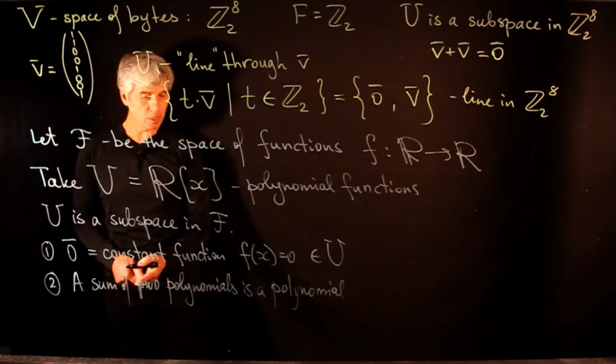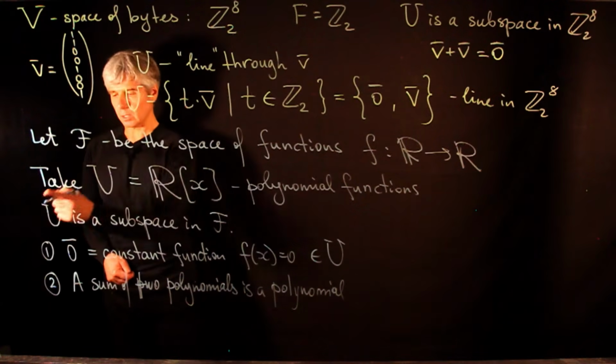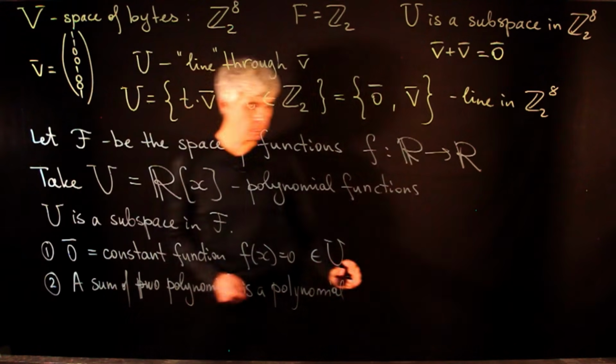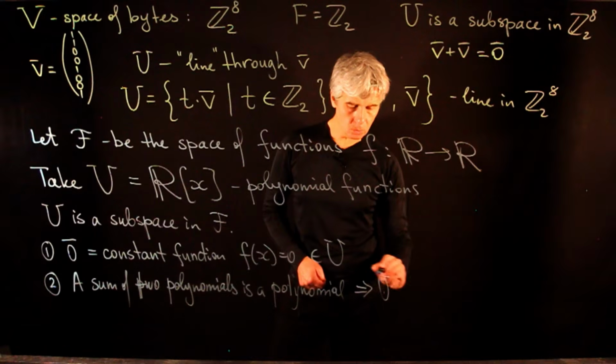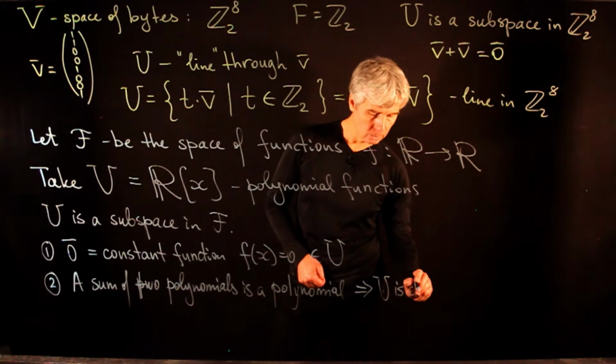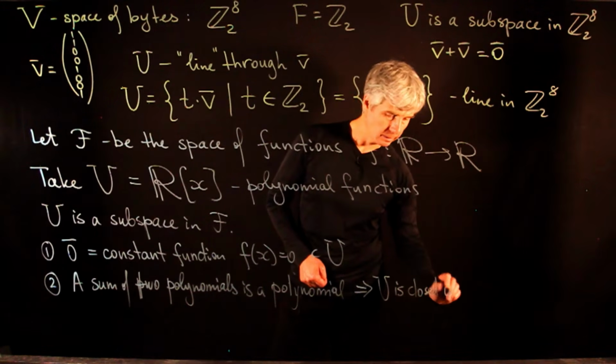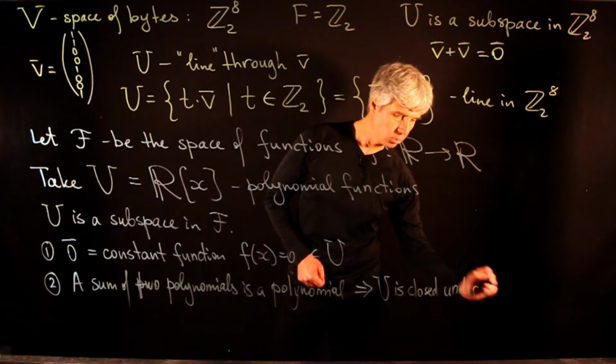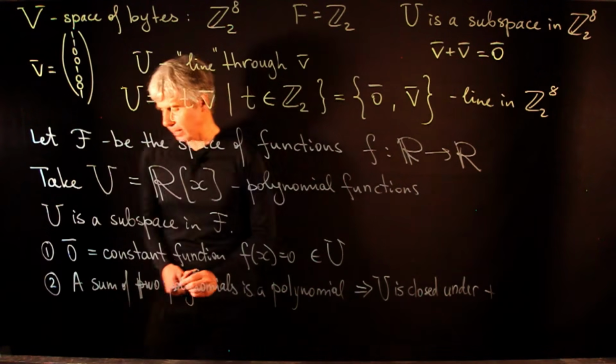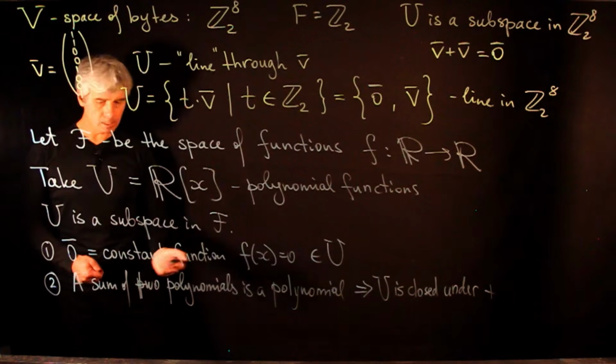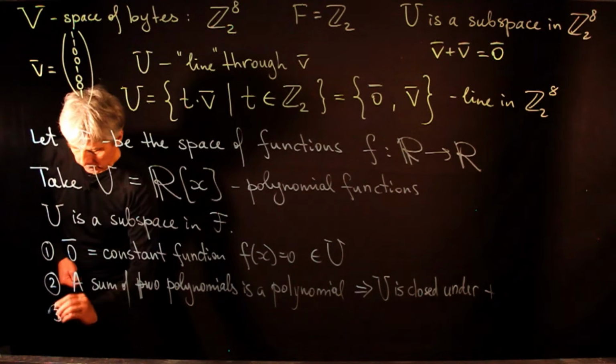And so this means that this set U is closed under addition. So U is closed under addition. And the third property here will also hold.